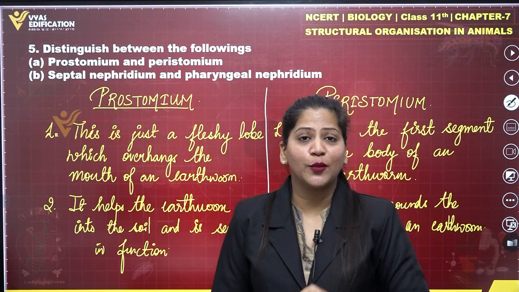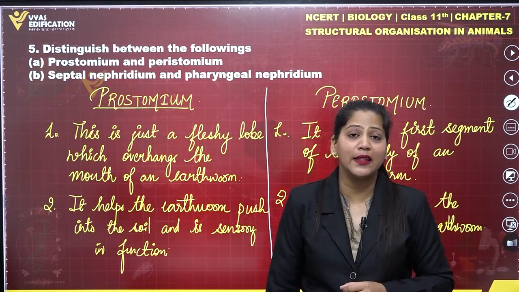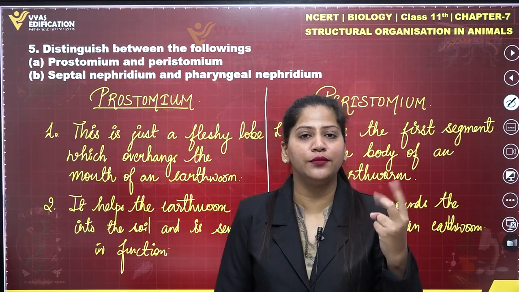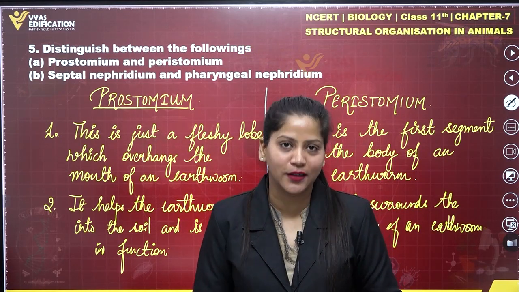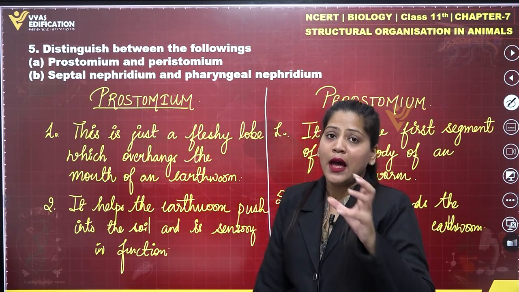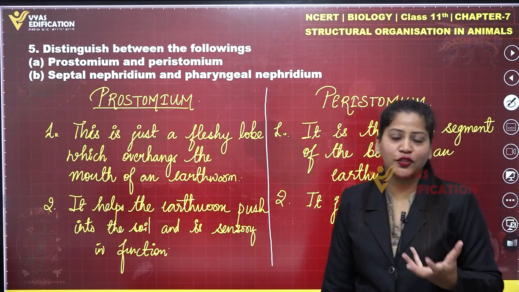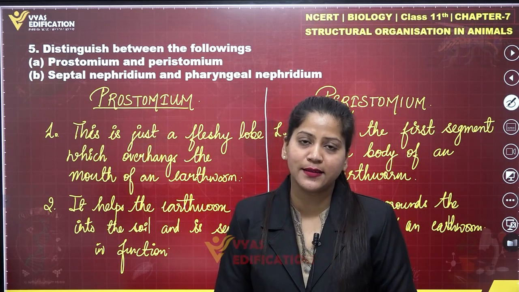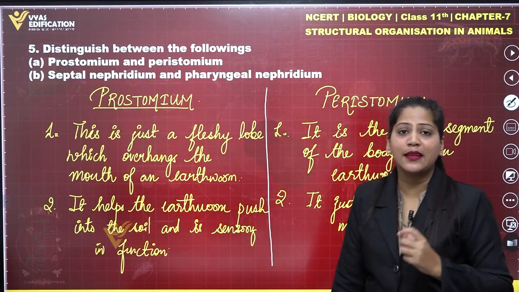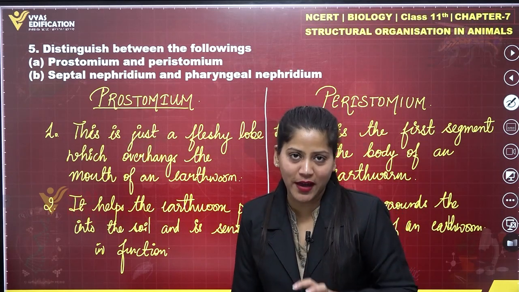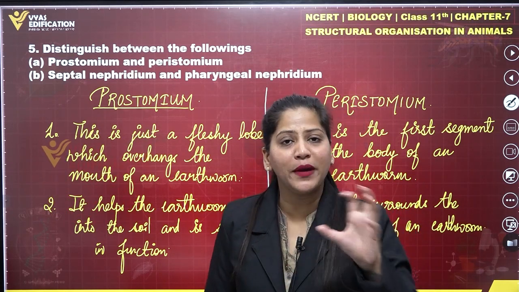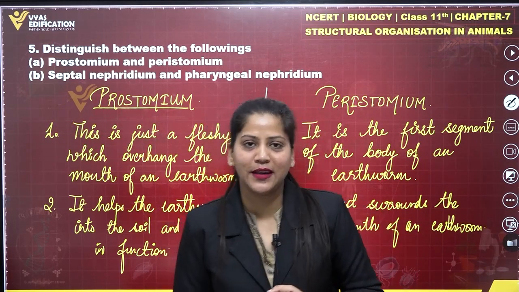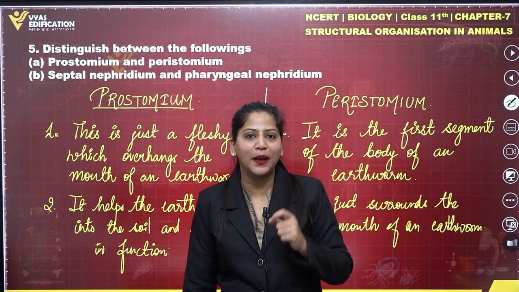Pharyngeal nephridia are present as three paired tufts in the 4th, 5th and 6th segments of the earthworm. The second distinguishing feature is that septal nephridia remove metabolic waste from coelomic fluid and blood, while pharyngeal nephridia remove metabolic waste from blood only.